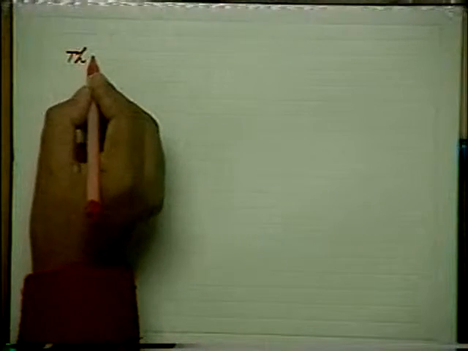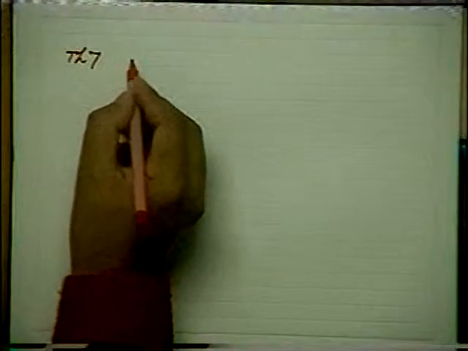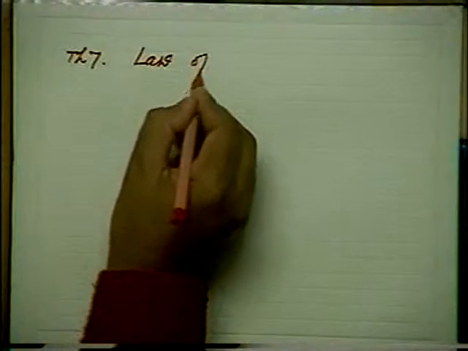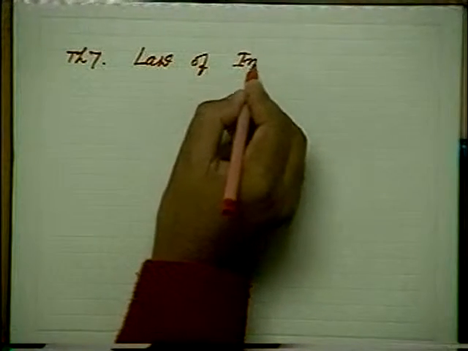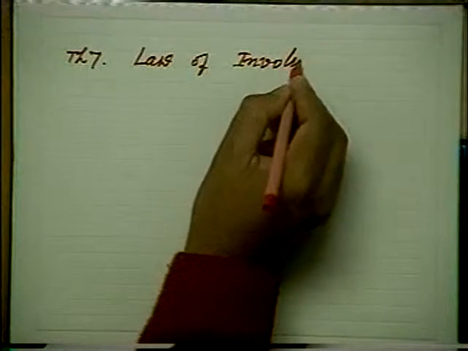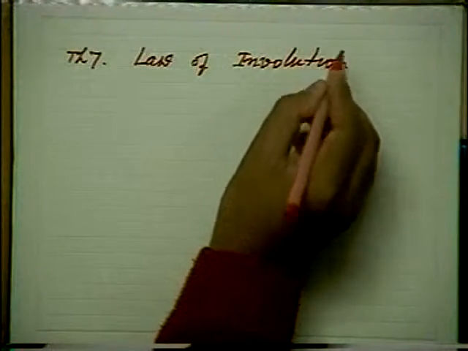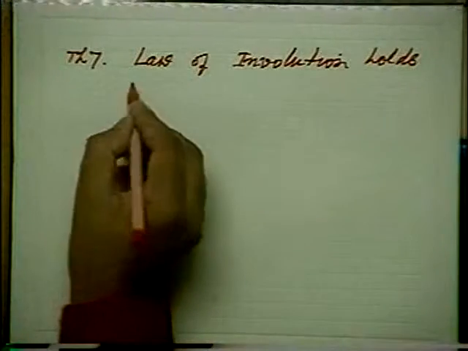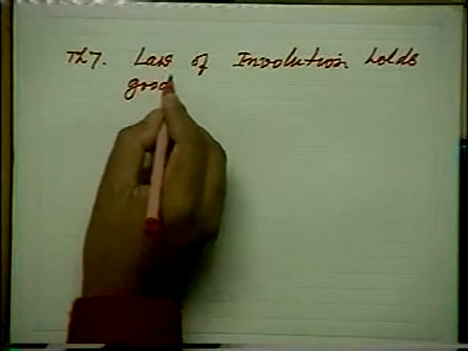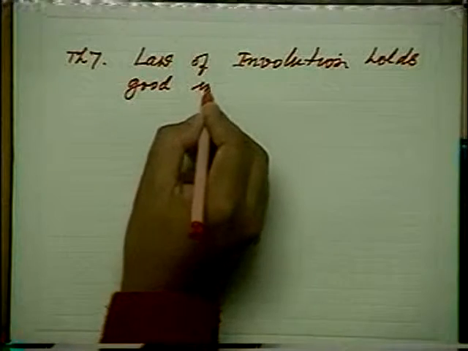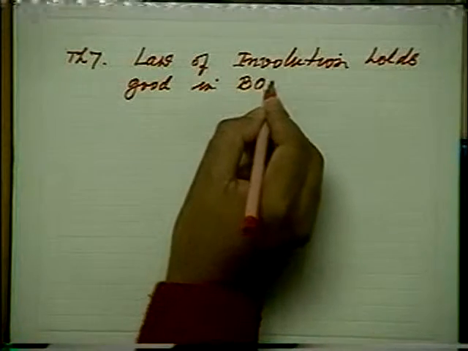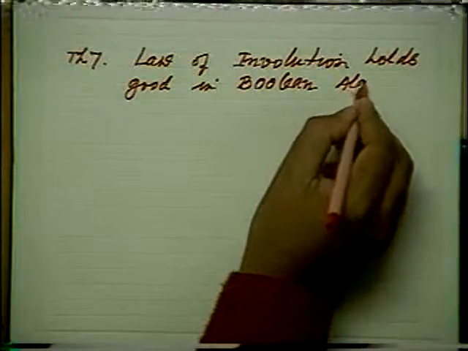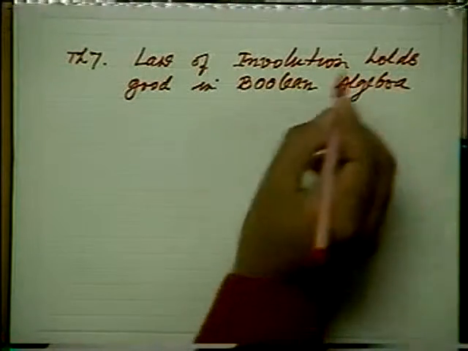Theorem 7 says that the law of involution holds good in Boolean algebra.